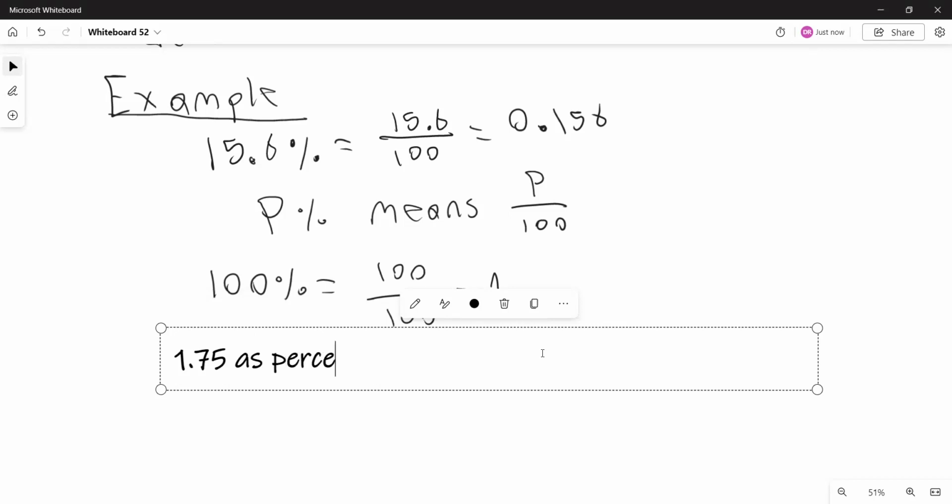If the number doesn't have the percent symbol, it is understood that the number is in standard form. If the number has the percent symbol, it will be understood that you are working with percents. So it's going to be that number times 100%, or 175%.